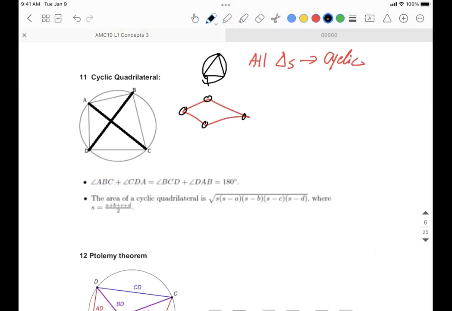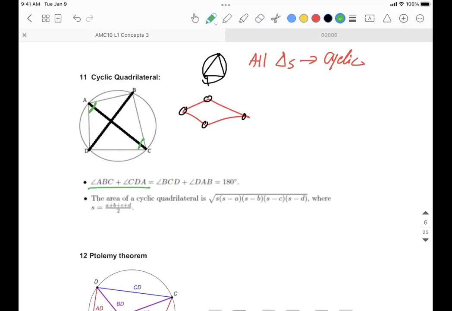How are we going to find out whether a certain quadrilateral is cyclic or not? The most important thing is there are several rules for you to determine a cyclic quadrilateral. One of the rules is, let's check these two angles.